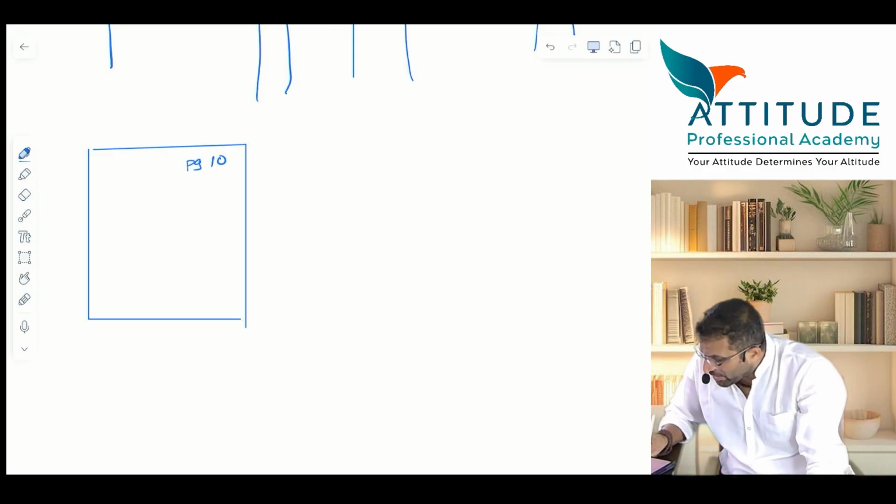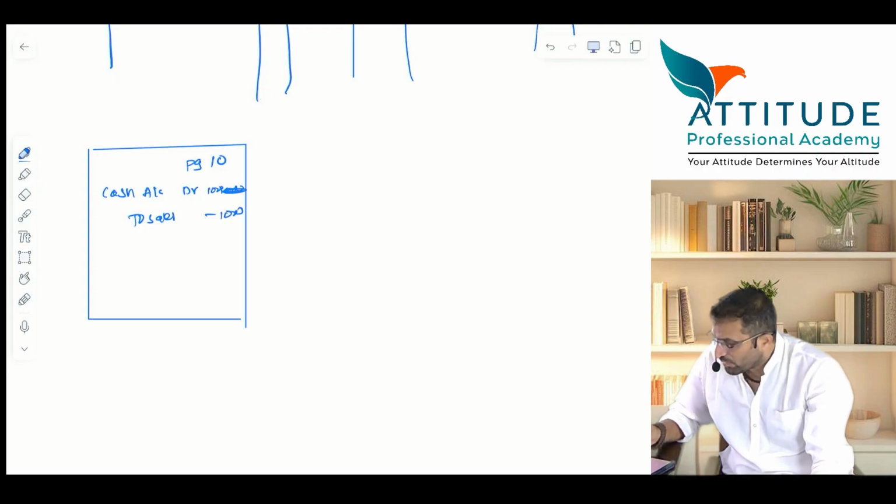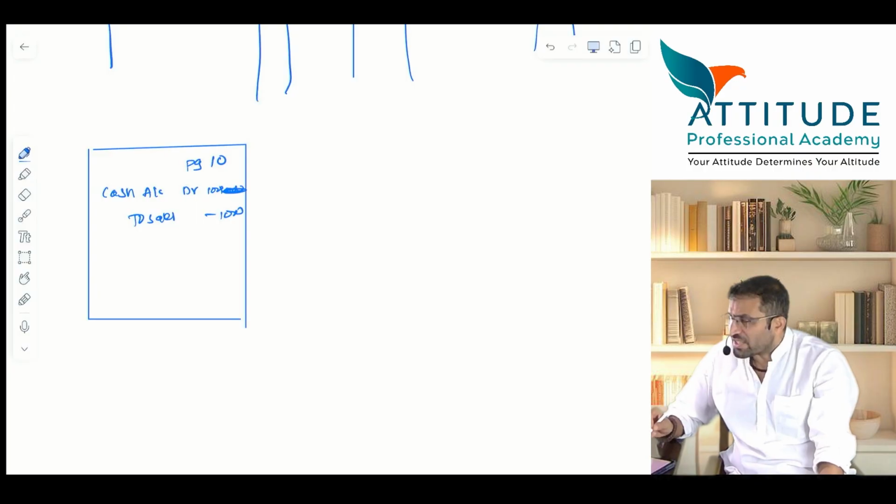On page number 10, you are passing an entry: cash account debit to sales, 1,000 rupees. Now, on which page number did you pass the journal entry?